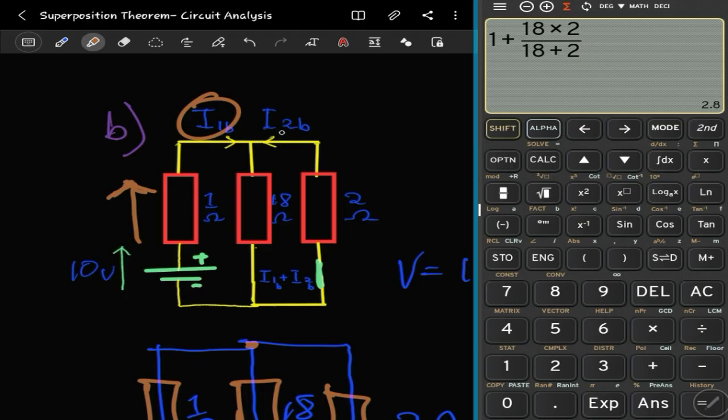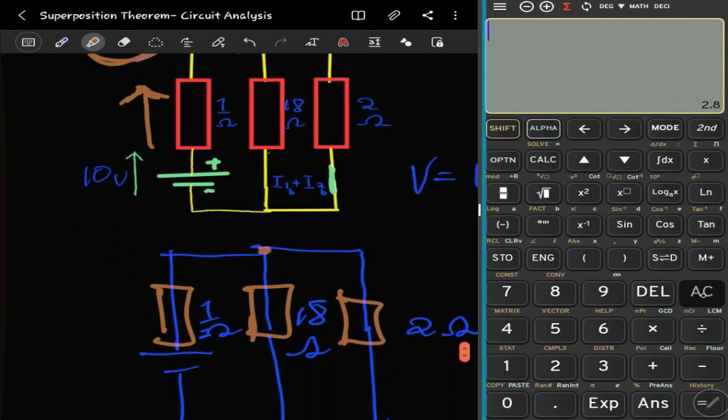It is a part of this I1B. When we get to I2B, for this particular B circuit, which is part of the original circuit, it is a divided current. We'll get to that.